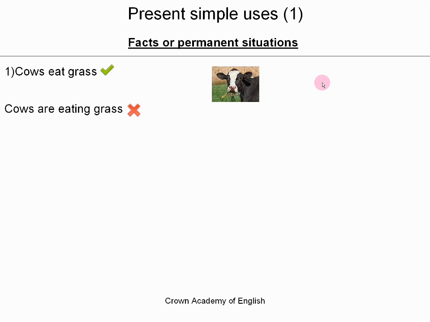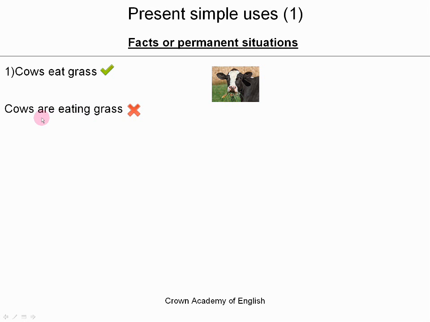Cows are eating grass is grammatically correct, okay, but the meaning is different. Cows are eating grass is an example of the present continuous tense, which we'll look at in a separate video.